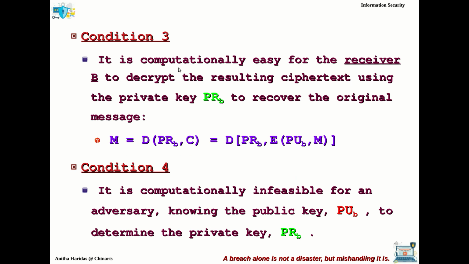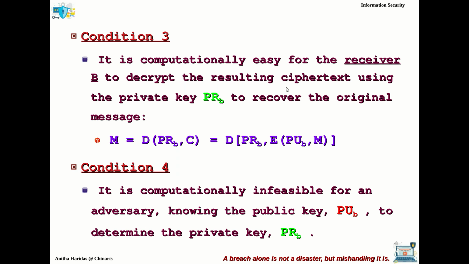And the third condition is it is computationally easy for the receiver, because he is the one who is going to decrypt the message. So there also it must be computationally easy. It must be computationally easy for the receiver to decrypt the resulting ciphertext, because he will be receiving only the ciphertext.